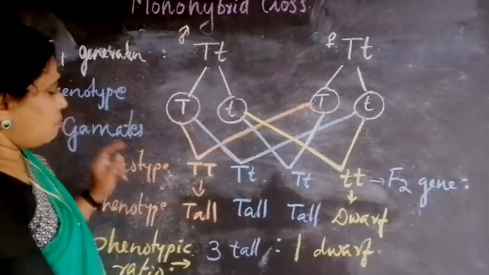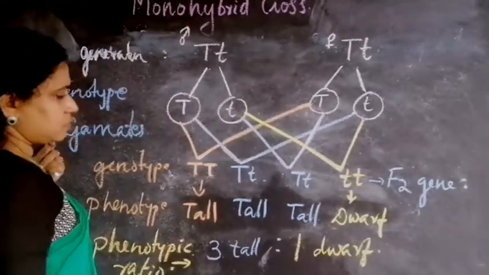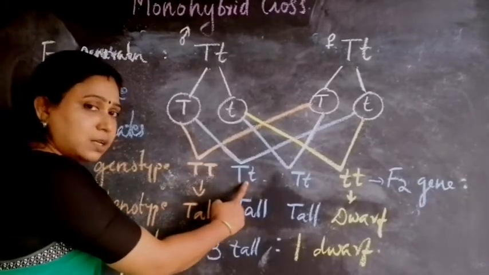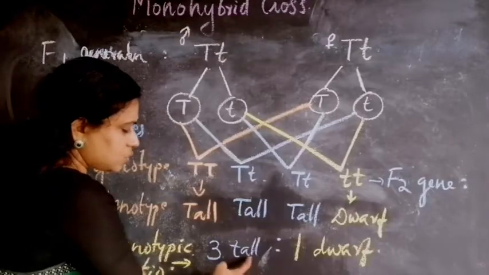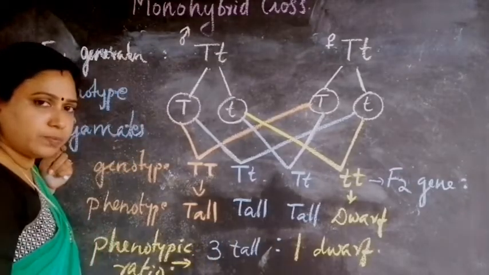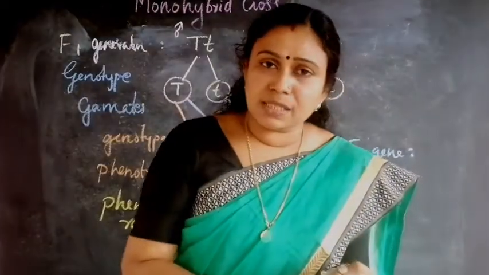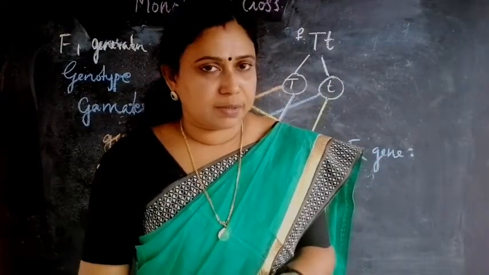But see, when these hybrid plants are crossed, we get tall plants and dwarf plants. The parent plants are one pure tall plant and one pure dwarf plant.